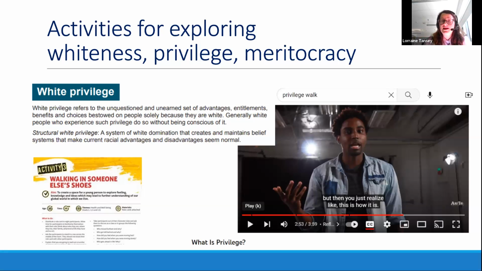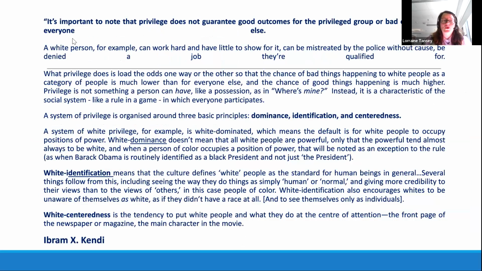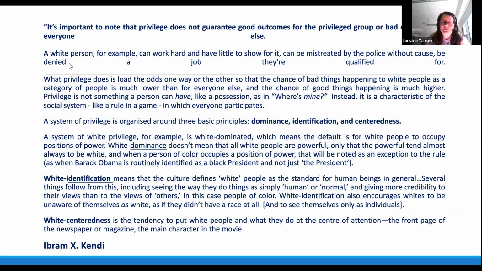And I still to this day get lots of students not understanding the concept of meritocracy. And I don't know if people have seen this as well with young people that you've worked with, where I will have young people say, well, I worked hard for what I have. Right. And so when we talk to them about actually what we have here is a lovely quote from Ibrahim about how actually what we're saying is it's not that privilege guarantees good outcomes, but a white person, for example, can work very hard and can be mistreated by police without cause and be denied a job.